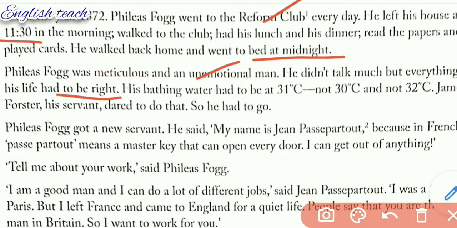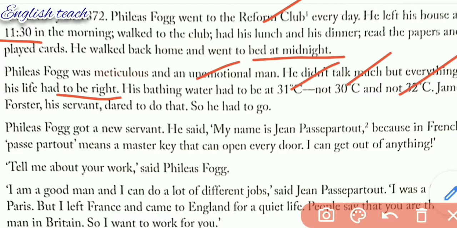His bathing water had to be at 31 degrees Celsius, not 30 degrees Celsius and not 32 degrees Celsius. Look at this perfectness. For example, when he wants to take a bath, the hot water has to be 31 degrees Celsius exactly. If it is 30 or 32, he never accepts it.